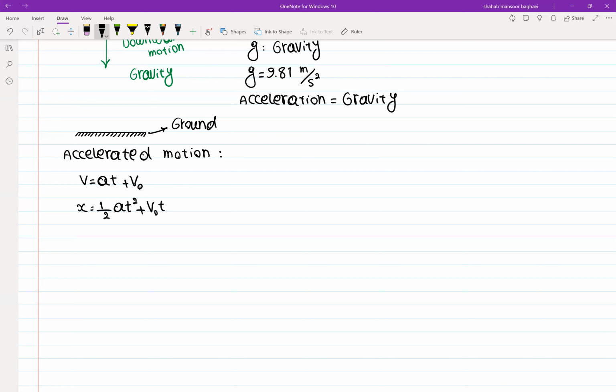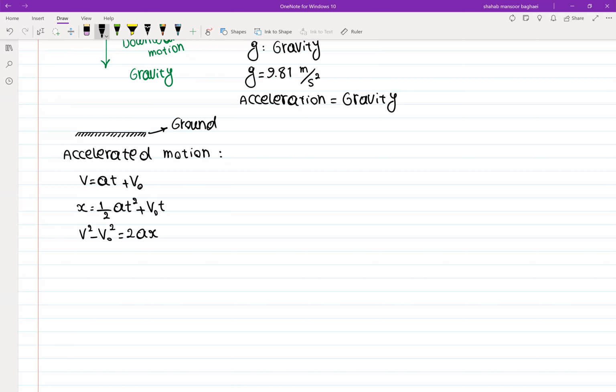And the next one is v squared minus v0 squared equals 2ax. These equations are valid for the first group.